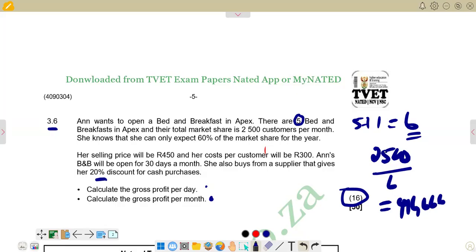Remember, if you get 416.66, it means this is for 30 days for each unit, being 1 BNB. So if you divide this 416.66 by 30 days, we are going to find the market potential per day.